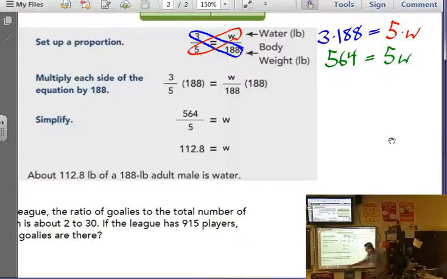So, what do I need to do to get the w by itself? What do I need to get rid of? Shane, what do I got to get rid of? The 5, right? The 5 is attached to my w. How? Multiplication. What undoes multiplication? Division. So on each side we divide by 5.